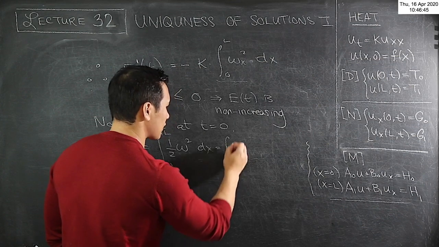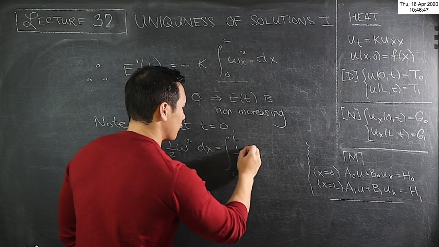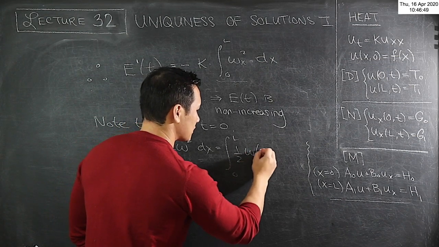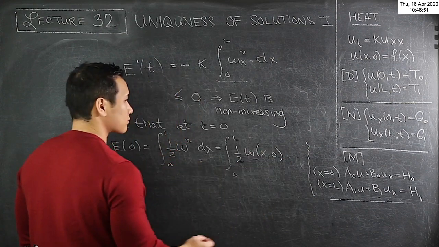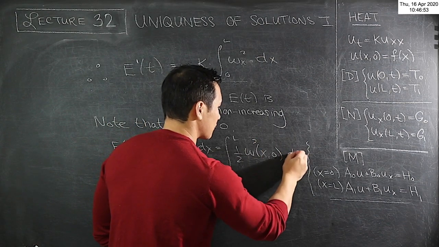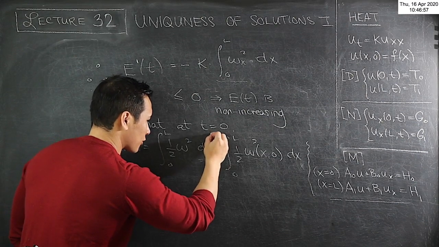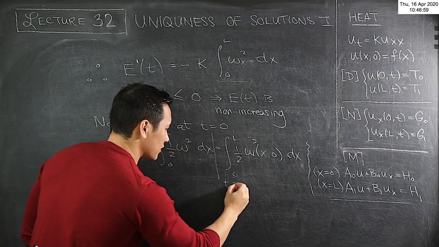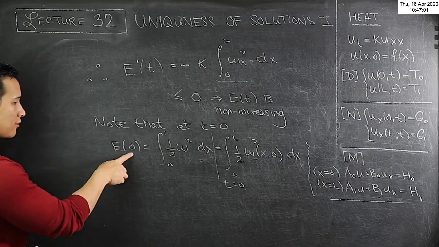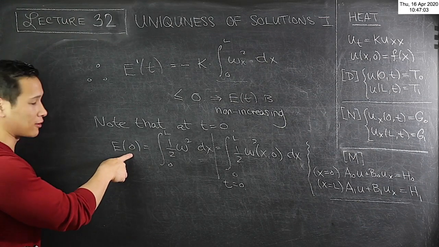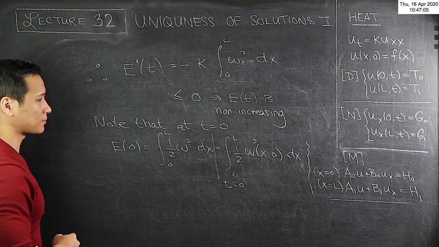So this is the integral from 0 to L of 1/2 w of x and 0 squared dx, like this. Okay? Just to be more correct, you should write a little bar here and put in t equal to 0, to emphasize the fact that you're evaluating this at t equal to 0.